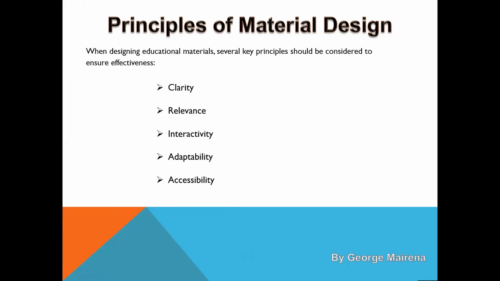So that is related to the clarity. What do you think? Yes, we have to design the material with clarity. Yes, because remember that they should be easy to understand and follow, right?